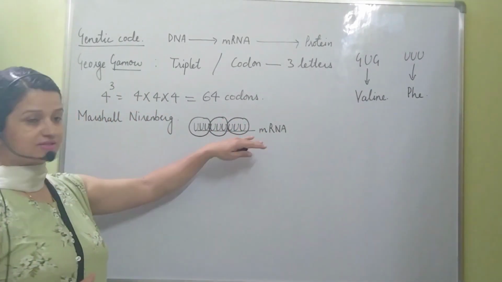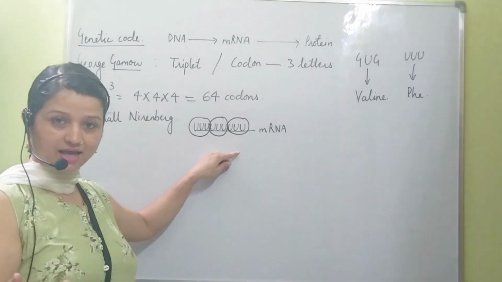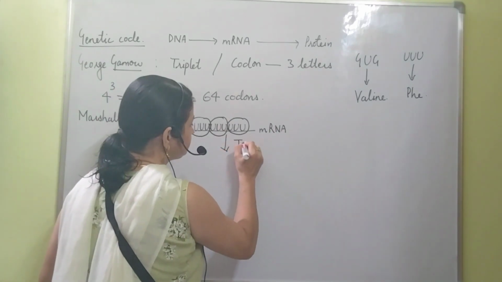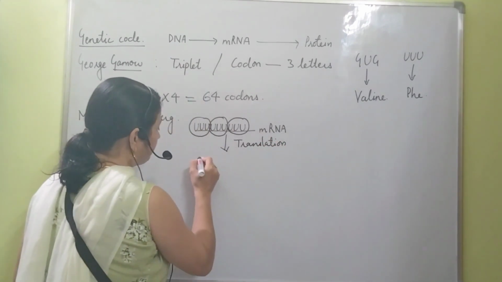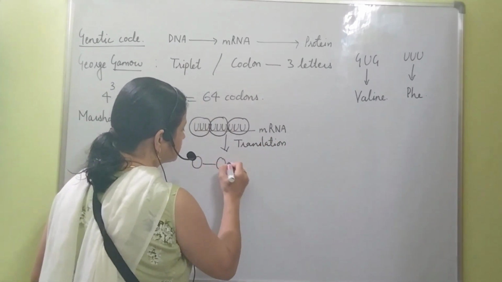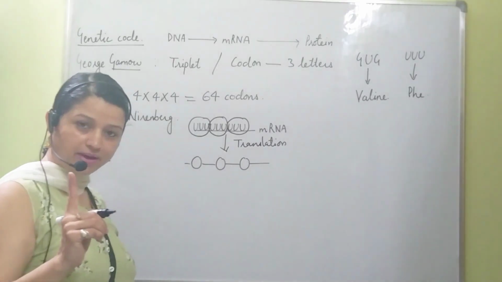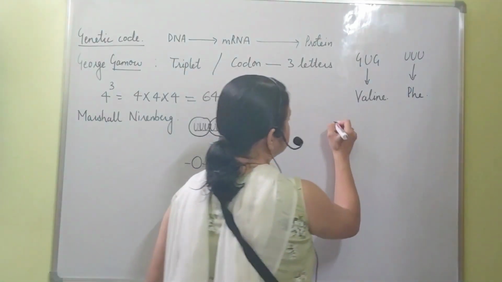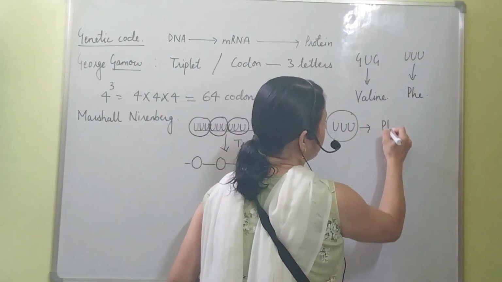So he prepared a messenger RNA having only U, that is uridylic acid, and after the translation he saw that the polypeptide which was synthesized contains only one type of amino acid. Today we know that the codon UUU codes for phenylalanine.